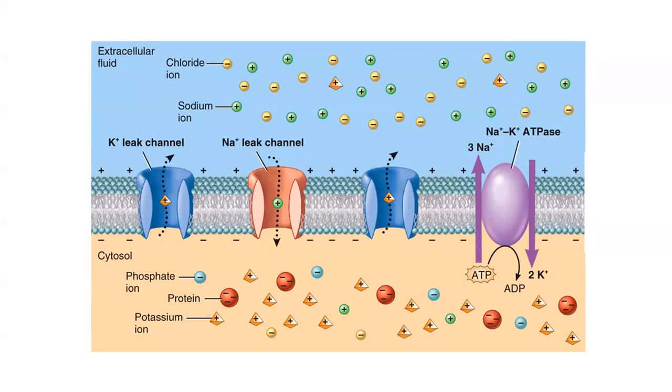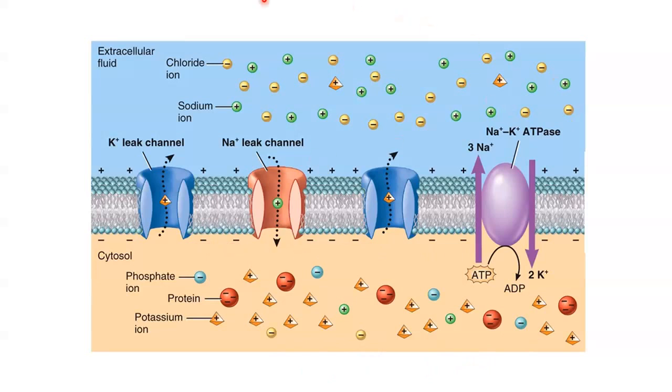So considering this information, now looking at this image, the resting membrane potential is established due to the difference in the net electric charge of the ions on the inside of the cell compared to outside of the cell. So for example, if we added up the net electric charge of all of these ions in the cytosol, it would be a net negative charge, and you can see that represented by these minus signs here.